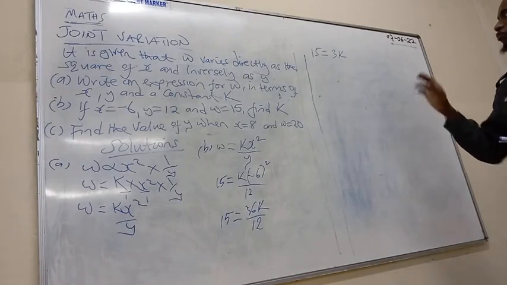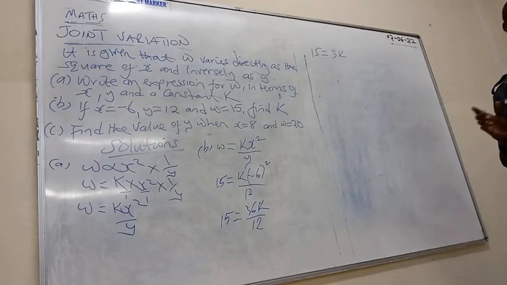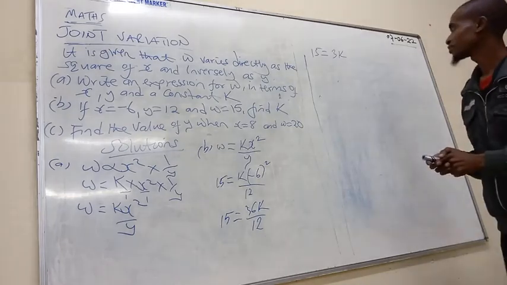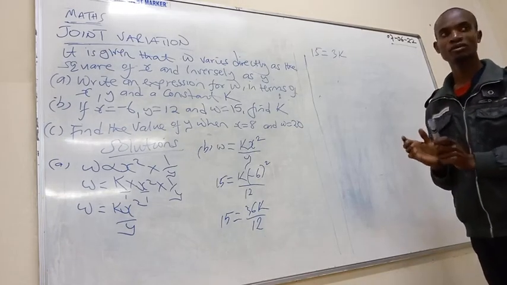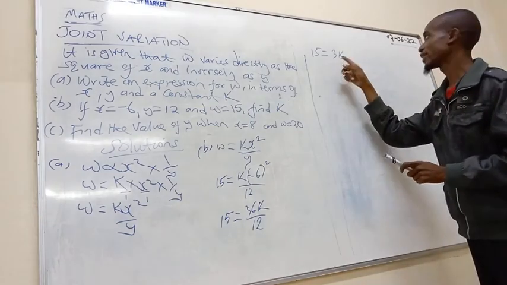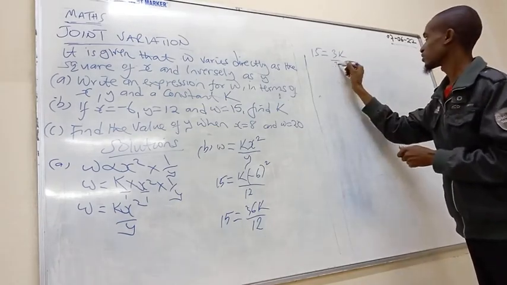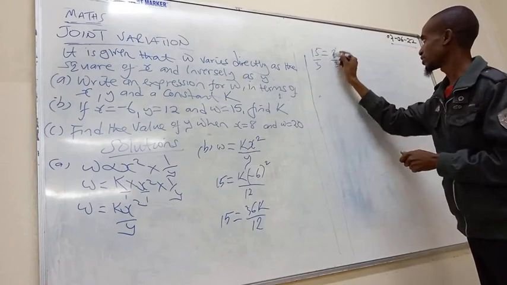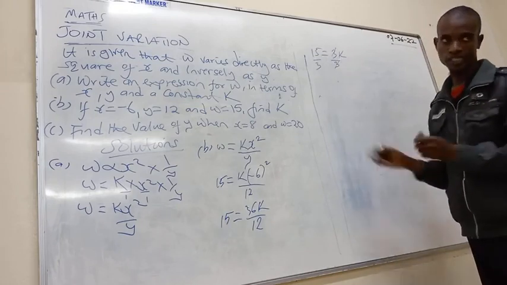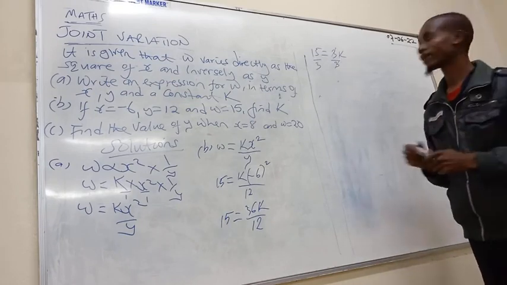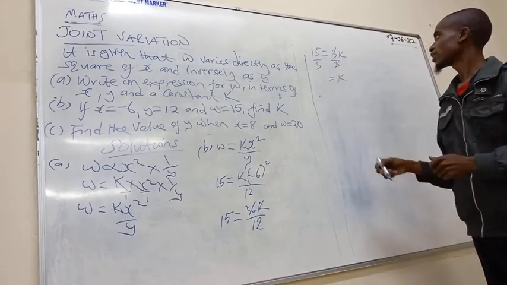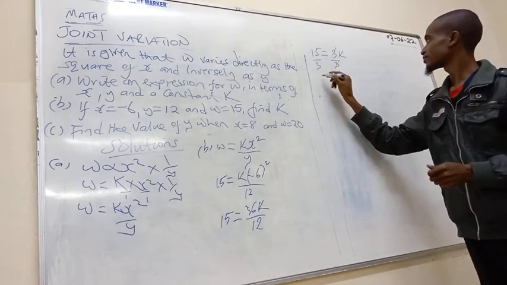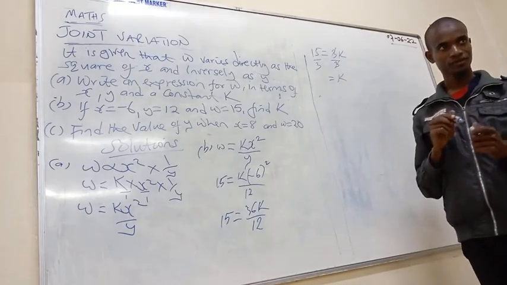And next step, we make k the subject, meaning we make k remain alone. What do we do? We divide both sides by 3. We don't want a 3 here. So this side, cancel. The 3 into 3 goes once, so k remains. 3 into 15 is 5.